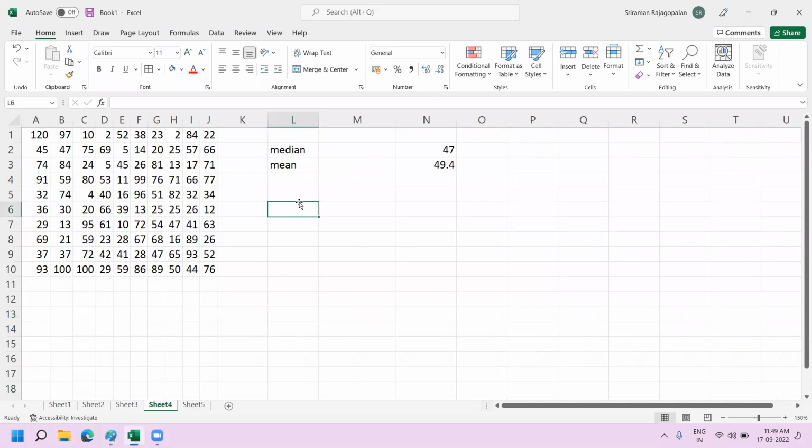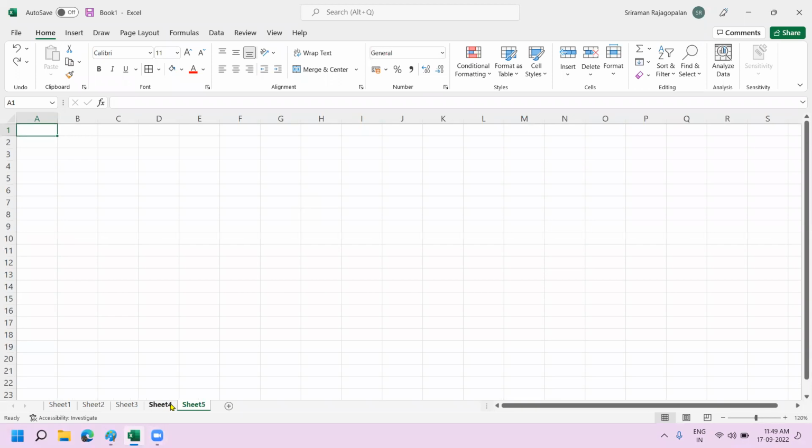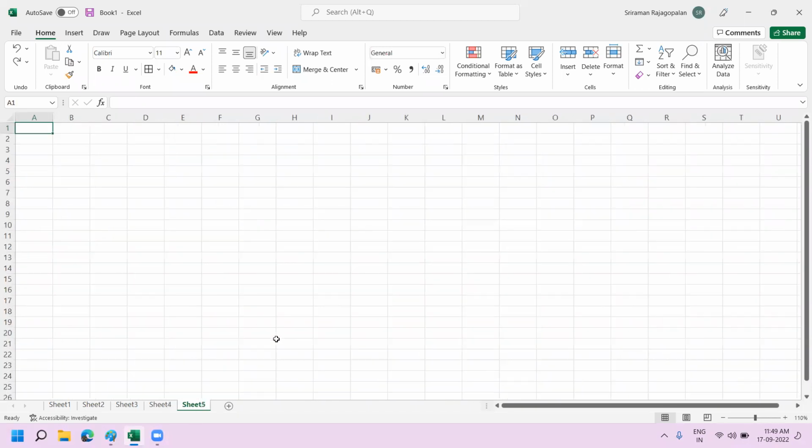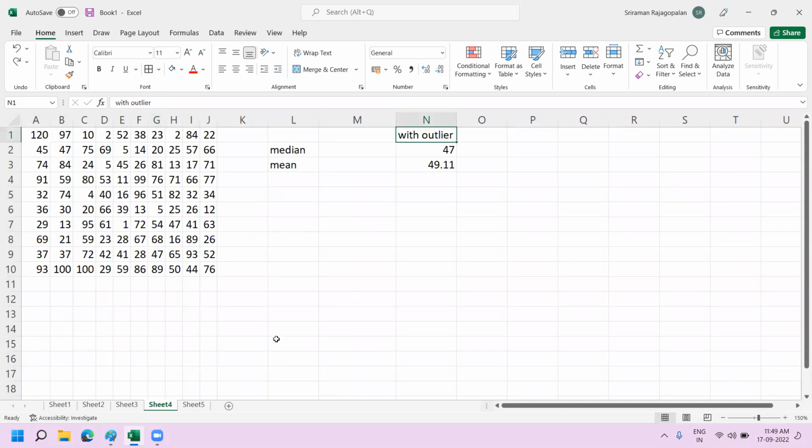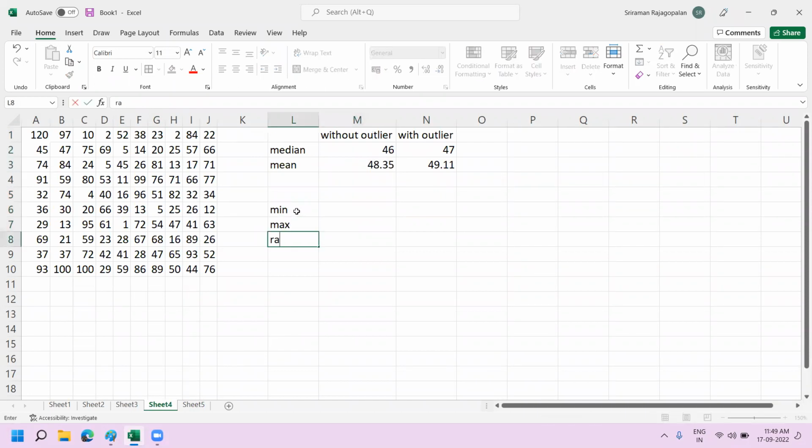To calculate the range, I want minimum, maximum, and range.